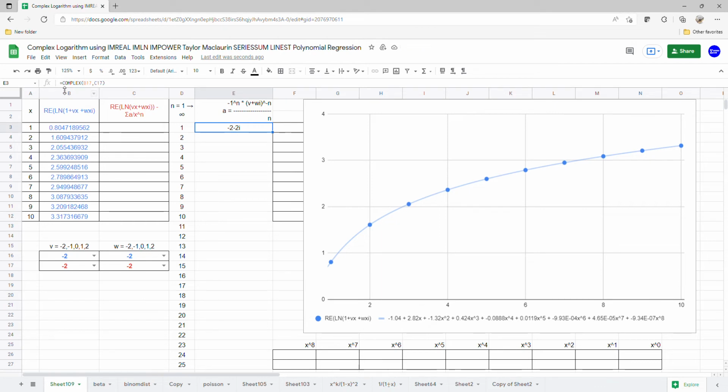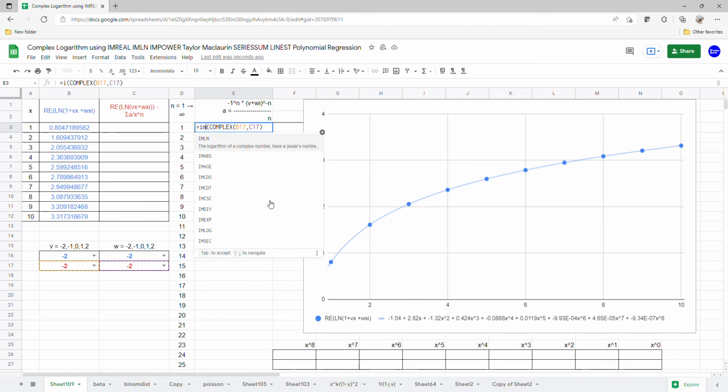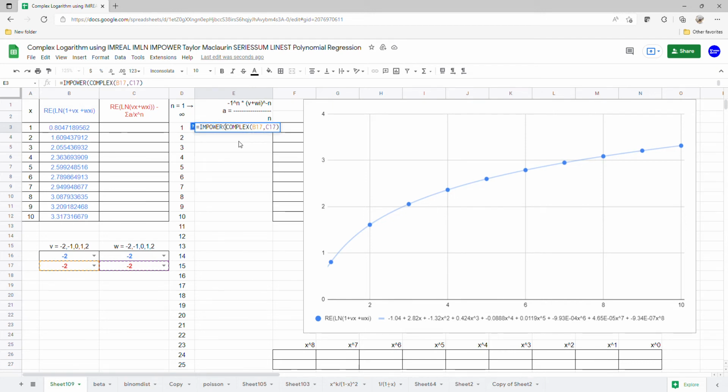So we use IMPOWER. It will be IMPOWER to the power n. So n will be from 1 to infinity.